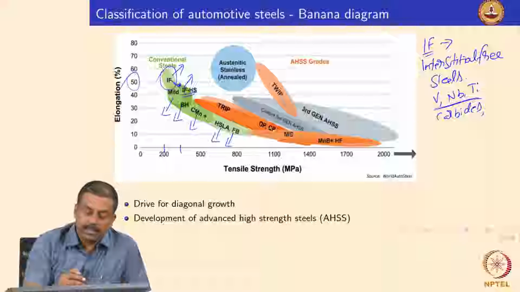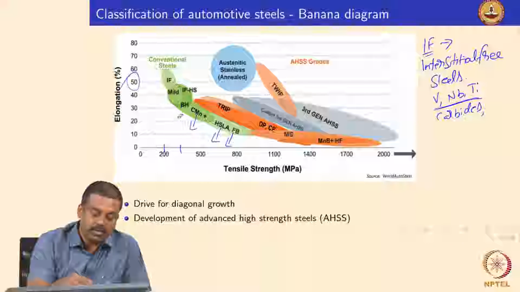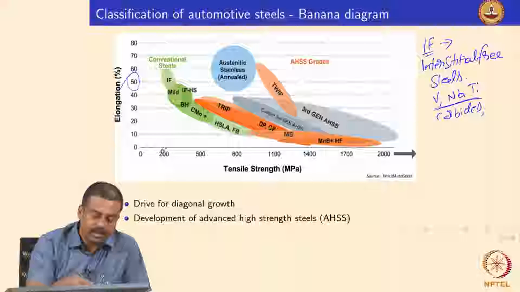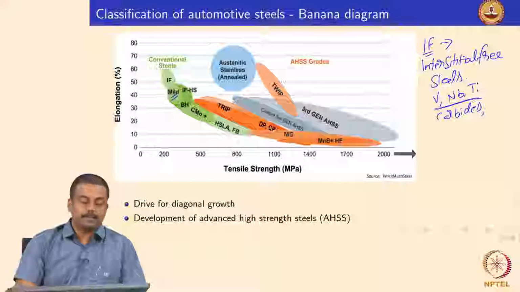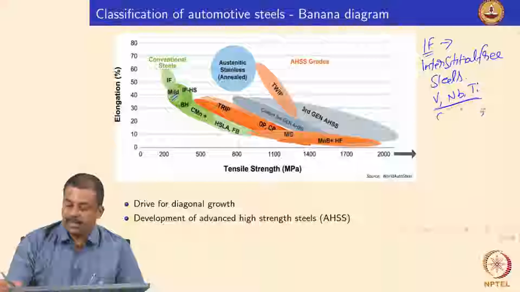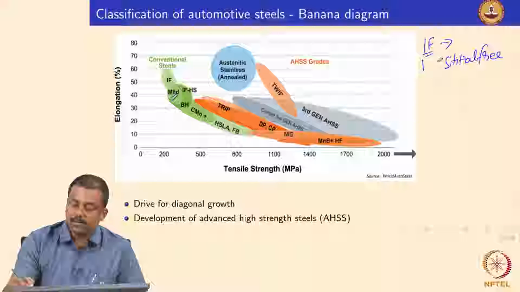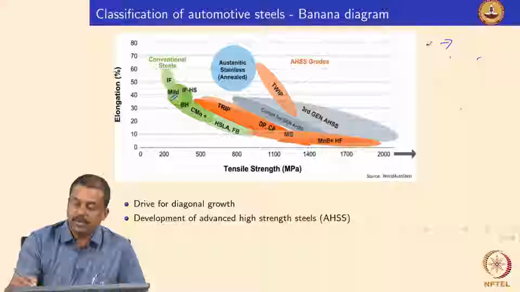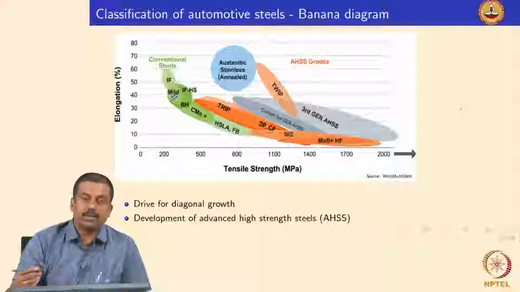The other type of conventional steel commonly used in automotive applications is the simple ferritic-pearlitic mild steel. These steels have very simple alloying additions and are very easy to produce with simple heat treatments, because the microstructure is not that complex.